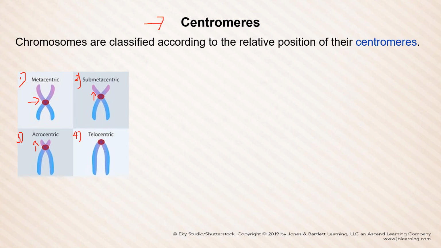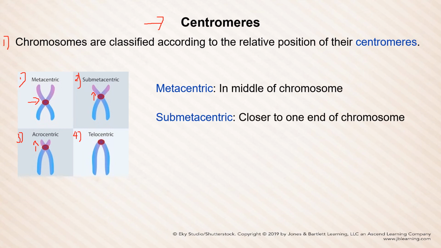So remember, in this slide I talked about chromosomes and that they are also classified relative to the position of their centromere. So, for example, we have the metacentric, where it is in the middle. I also talked about the submetacentric, close to the end of one of the chromosome arms, the acrocentric, which is really close to the end of the chromosome, and of course the telocentric.